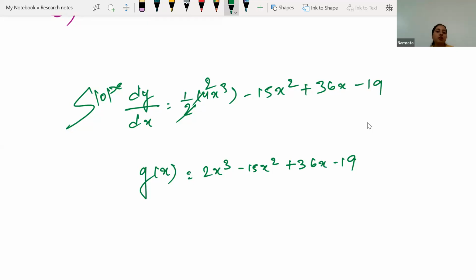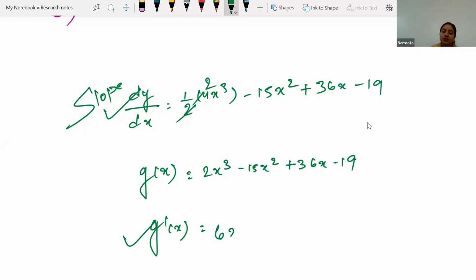The same process we follow, we will follow over here. We will find g dash x first, then find the critical points, then see what is the point of maxima, either by the first derivative test or the second derivative test. If you are confused about why we are doing the derivative twice: one time we have done, and this is the slope we found. Now we are going to maximize the slope.